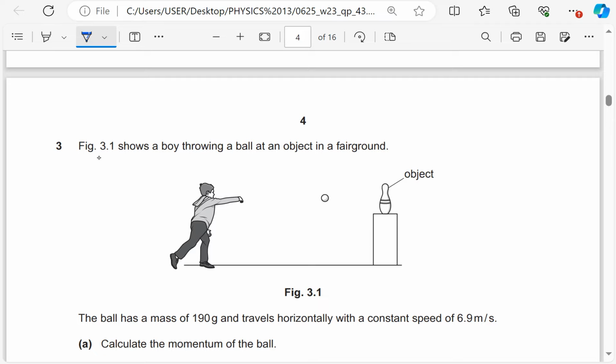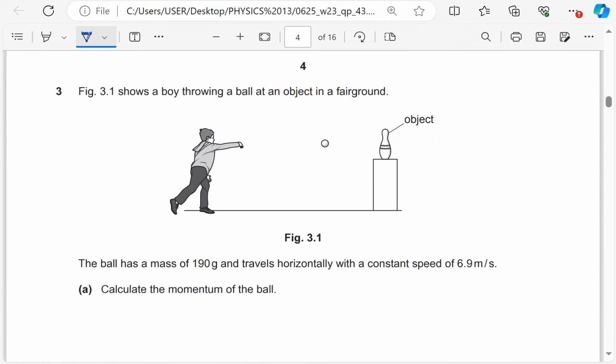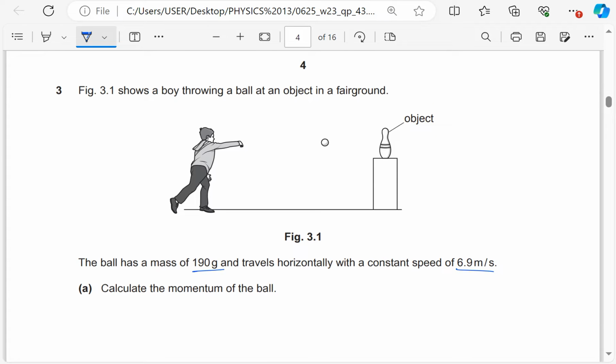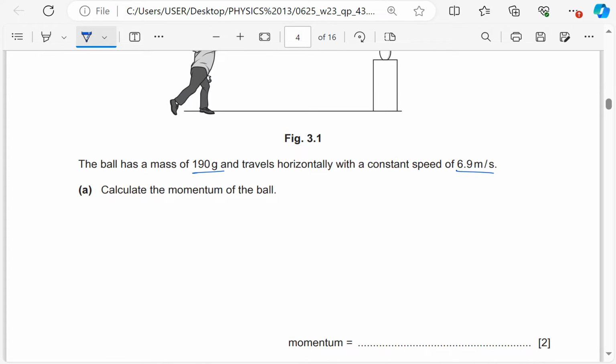The figure shows a boy throwing a ball at an object in a fairground. The ball has a mass of 190 grams and travels horizontally with a constant speed of 6.9 meters per second. Calculate the momentum of the ball. Momentum, p, is equal to mass times velocity. The mass is 190 grams. You divide by 1000, it becomes 0.19 kilograms. So this would be 0.19 kilograms times the speed, which is 6.9.